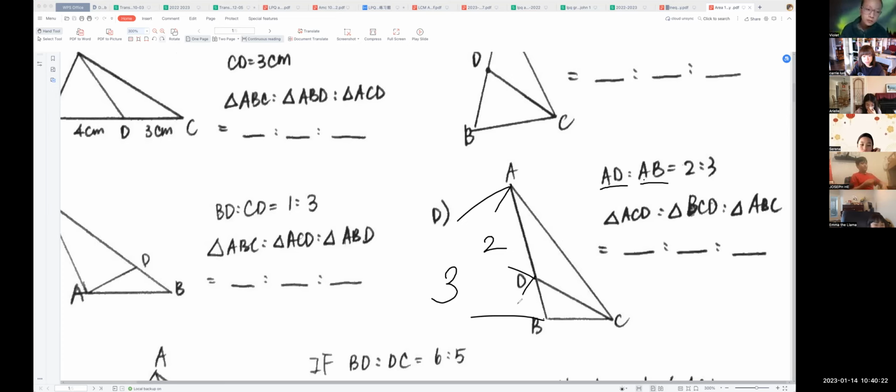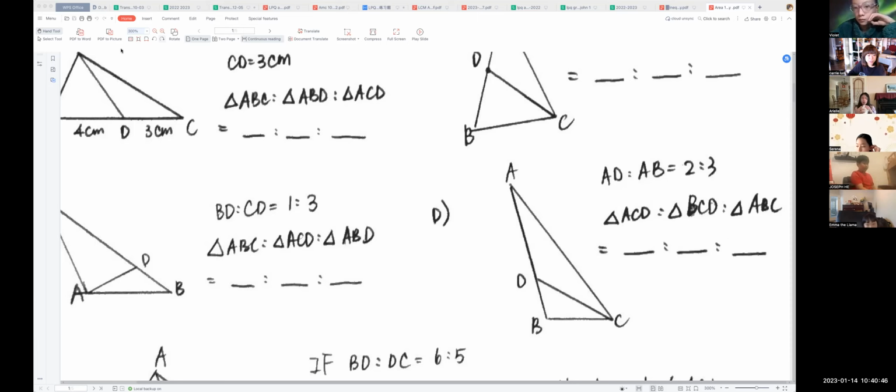So what is BD? 1. Thank you. So this is 1 part and this area is 2 parts. So the total area is 3 parts. That's why ACD is 2, BCD is 1, and ABC is 3. Cynthia, good job. Understand, everybody? Good job, Violet. You changed yourself.